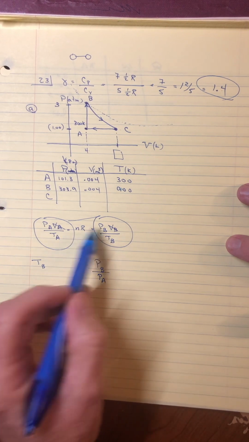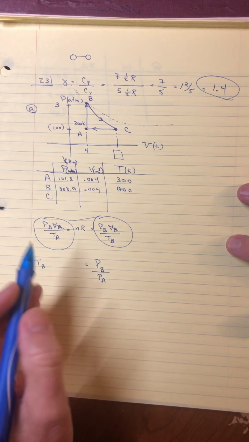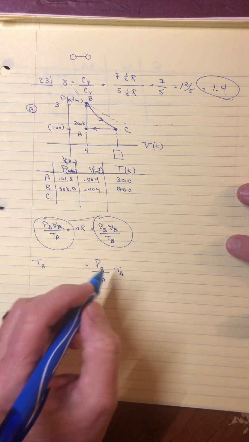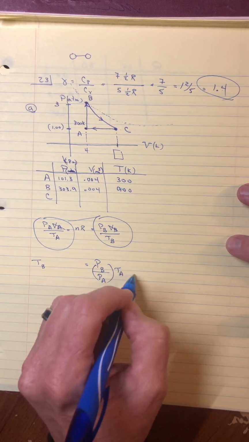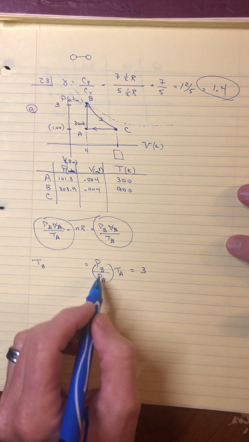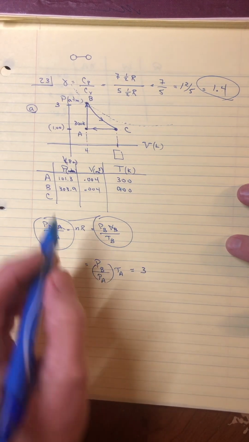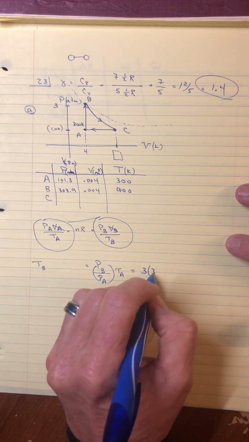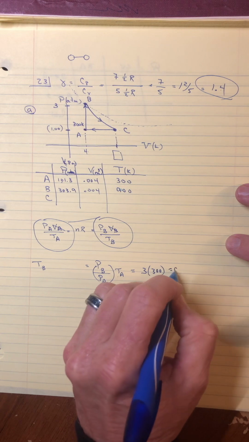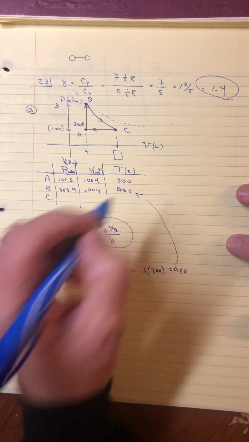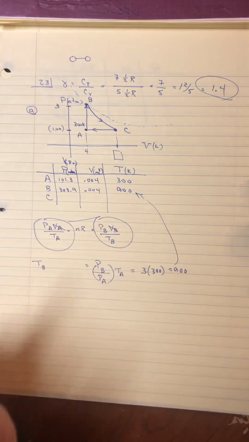And then I'd have the temperature at B, and I bring this over, pressure at A, times the temperature of A. And so this is the factor of 3 that was mentioned in the problem, and I said, so this ratio of the pressure, B to A, is 3 times the original temperature, which is 300, and that's where I kind of did this in my head and got the 900 real quick.